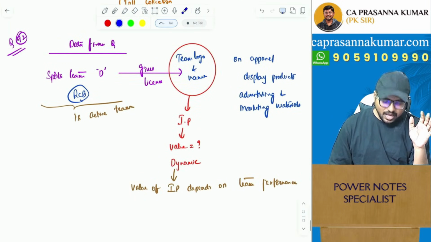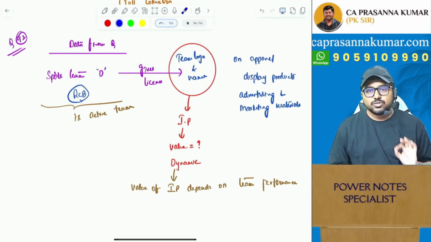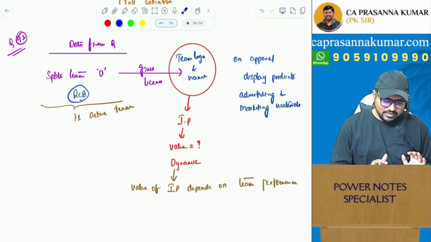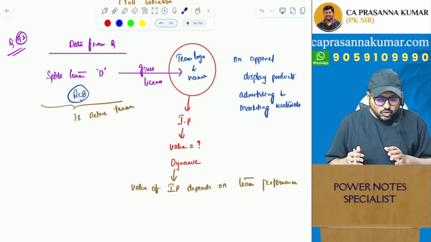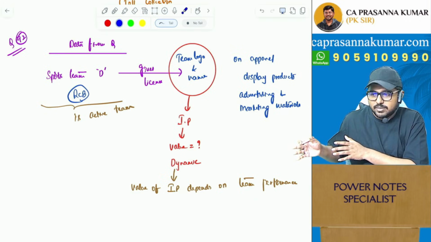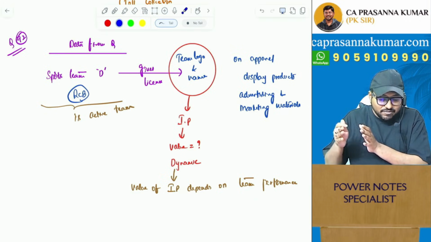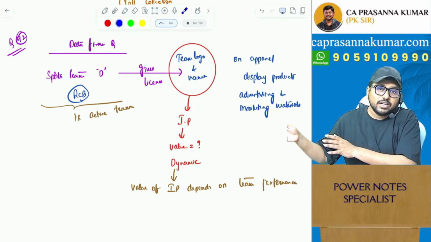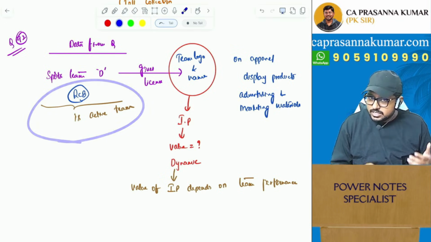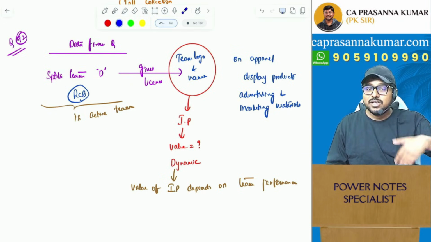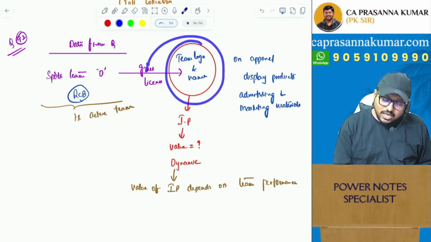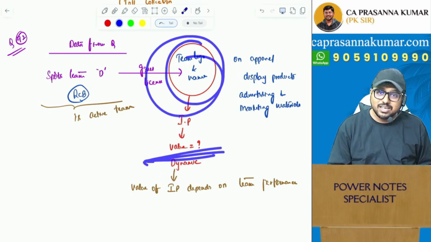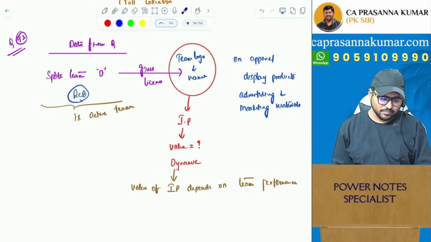Clear? Remember, one thing where students get confused is that these activities, which are done by the active team by playing games, do not transfer goods or services to Maker M. But it affects the usefulness and value of the intellectual property. The more they participate, the more active they are, the better they perform, the more the perceived value of this intellectual property will increase.